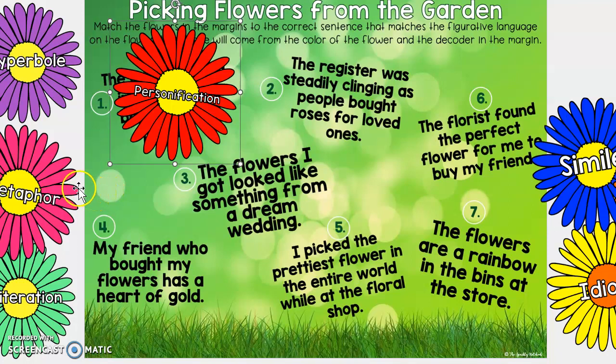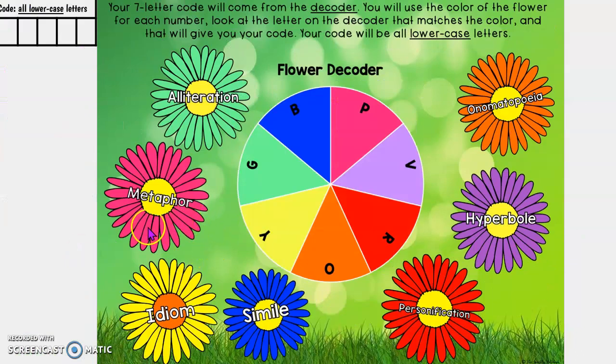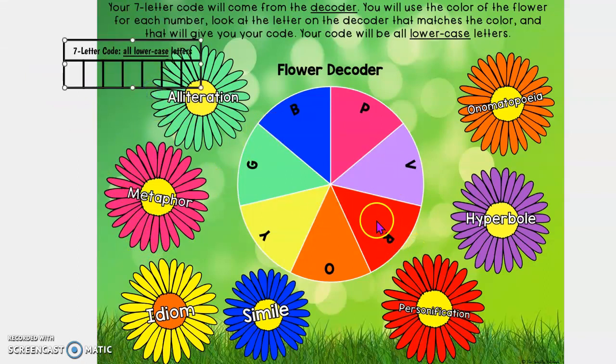Now, to get my code for this one, I'm going to look at the color in number 1. Okay, so I'm going to match the color. I'm going to come down to my color wheel on slide 3. For my slide 3, I'm going to look for number 1. It was a red, so I have an R. And remember, it's going to be all lowercase again.